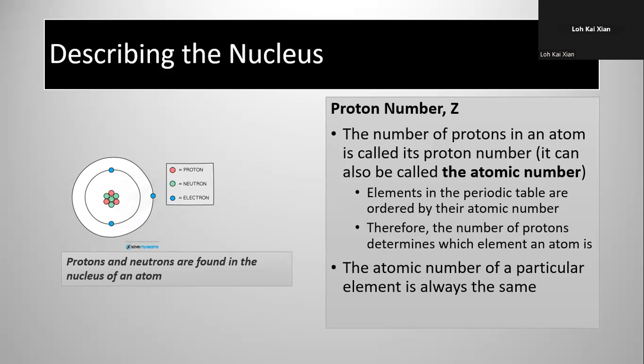Hydrogen atomic number 1. What do you think this atom is? Can you guess? 3 proton. You want to guess? Wait, I look at the periodic table. Is it helium or hydrogen?